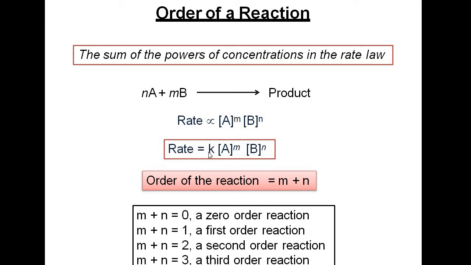Then rate is equal to K, concentration of A raised to power n, concentration of B raised to power m. Then order of reaction equals n plus m. It means it is the sum of the powers of concentration in the rate law. Order of reaction can be 0, a whole number, or a fraction.